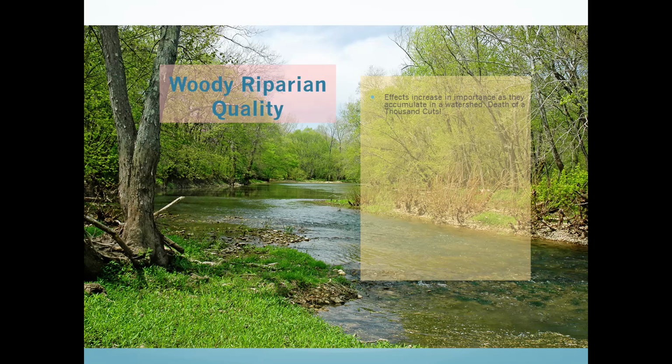So if it doesn't have it, it's like death of 1,000 cuts. Definitely influences habitat forming functions, bank stabilization, retention and uptake of excess water, groundwater recharge, assimilation of storage of nutrients and sediments, and our temperature modification. So that riparian buffer is definitely important and affects our stream.